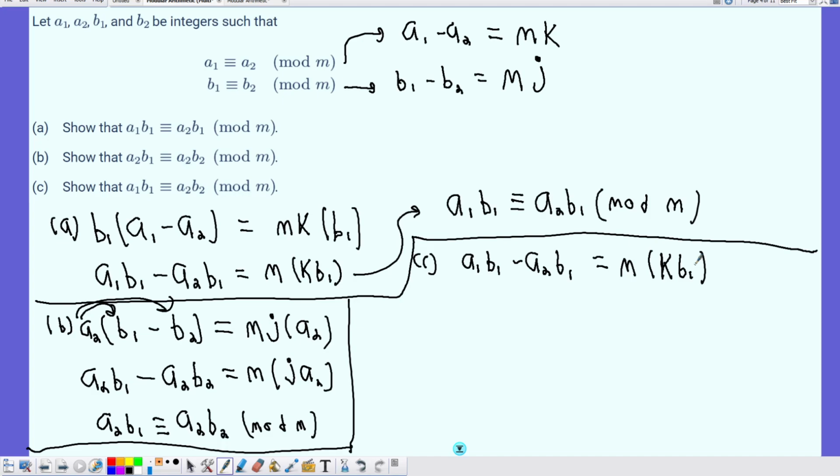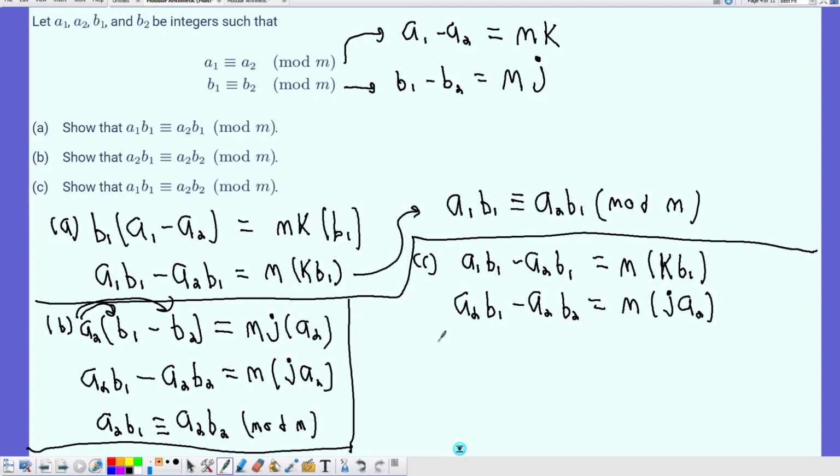And I'm going to use the information from part B, namely that we have A2 times B1 minus A2 times B2, and that's equal to M times J times A2. I have those things which have been proven so far.